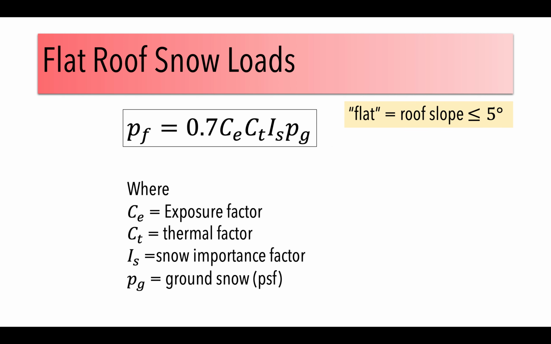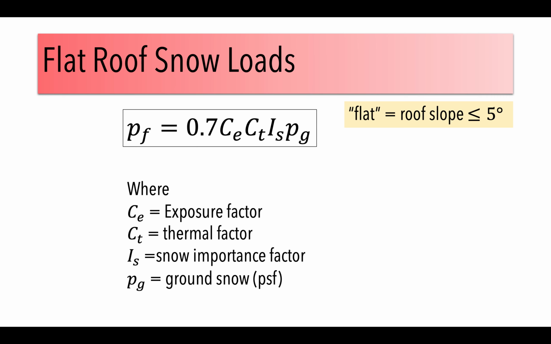Next, this is the formula, a very simple formula to calculate the roof snow loads for a flat roof. And just for your information, a flat roof has a slope that is less than 5 degrees. And also from the equation, you can see we have three factors, actually four factors. 0.7 is a factor.